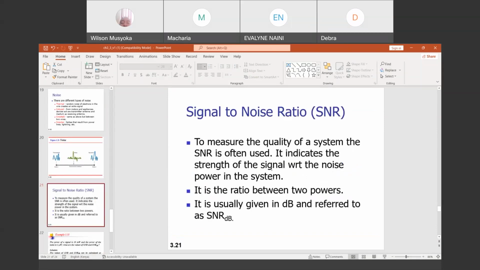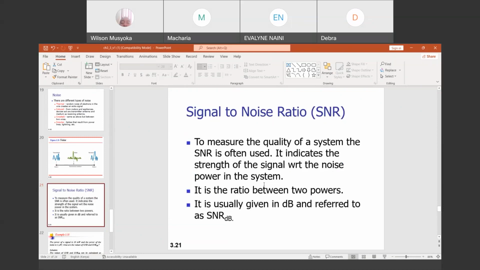So in order for us to understand if transmission performance is okay, we normally do it using signal to noise ratio. Signal to noise ratio is a system of measuring how strong the signal is in comparison to the noise in that transmission system.